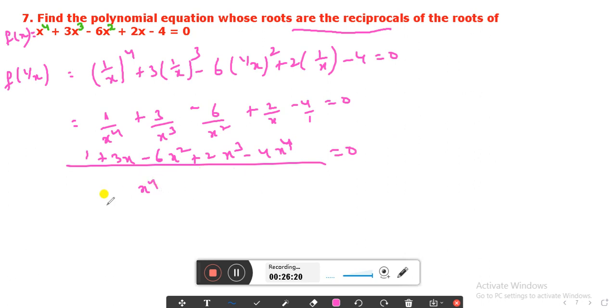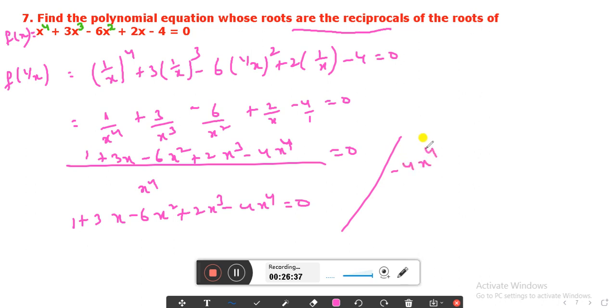So the final equation is 1 plus 3x minus 6x square plus 2x cube minus 4x power of 4 equals 0. When you write it in the standard form, minus 4x power of 4 plus 2x cube minus 6x square plus 3x plus 1 equals 0, and finally it comes 4x power of 4 minus 2x cube plus 6x square minus 3x minus 1 equals 0, taking minus common.